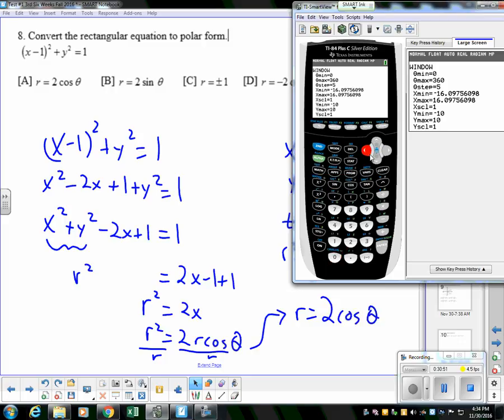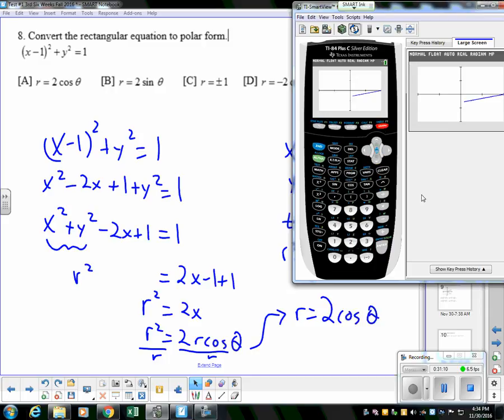I should make my x minimum -2 and my x max 2, and my y minimum -2 and my y max 2.